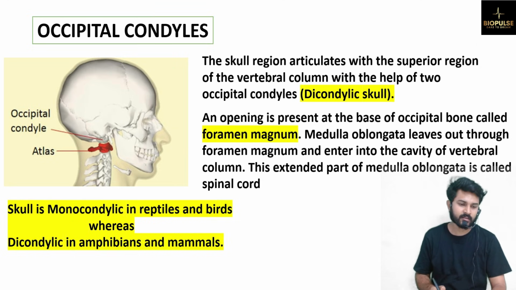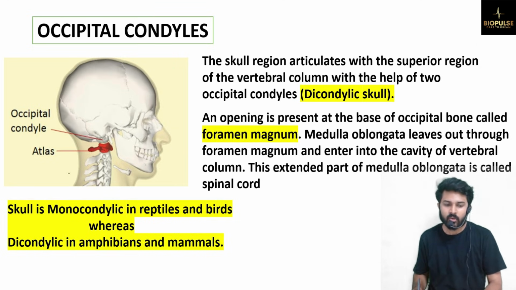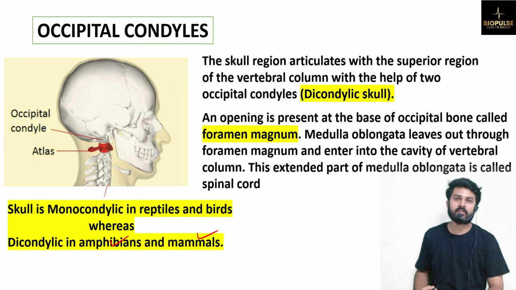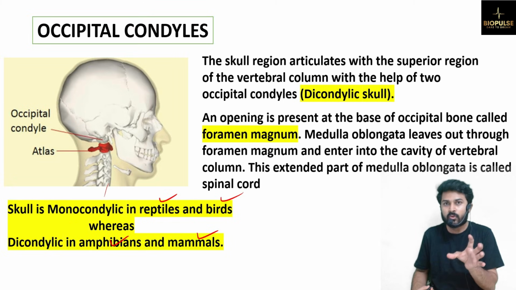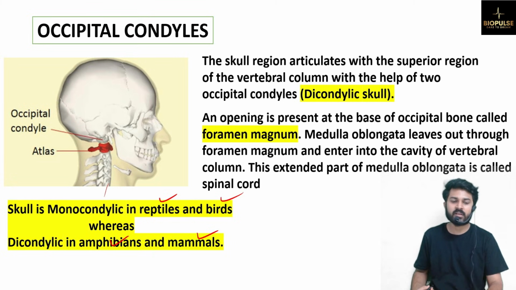Yes. Skull which is dicondylic is present in amphibians and mammals. And the skull is monocondylic in reptiles and birds. So if they ask how many of the following have a dicondylic skull, you have to see how many of them are mammals and how many are amphibians.